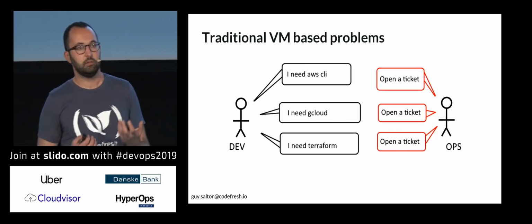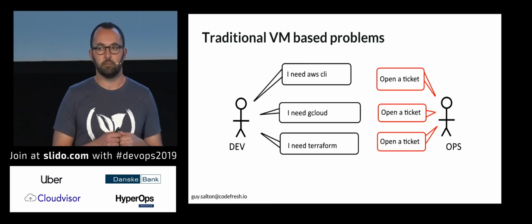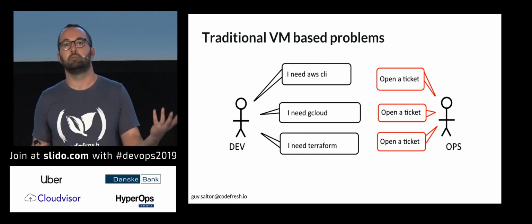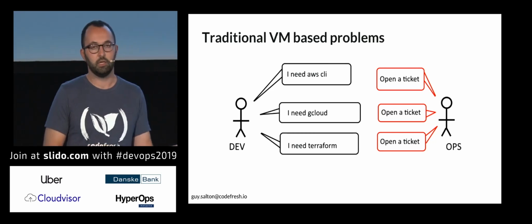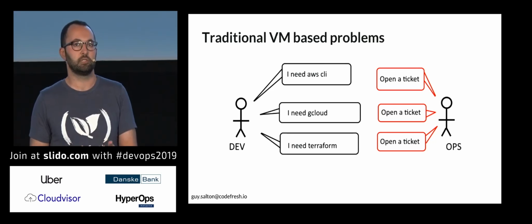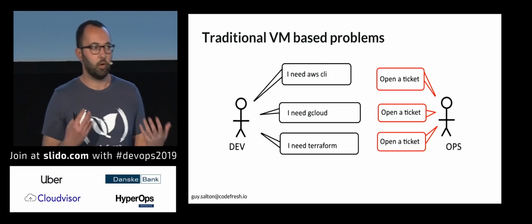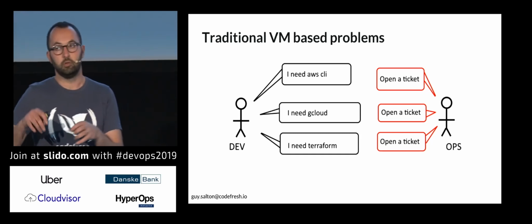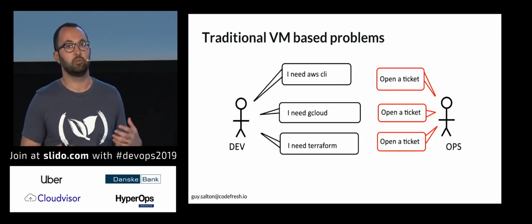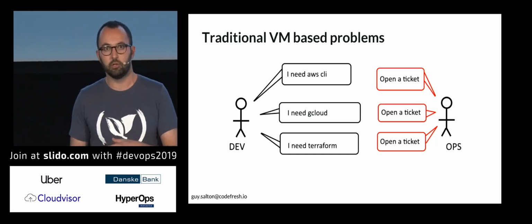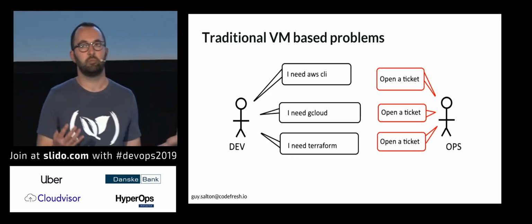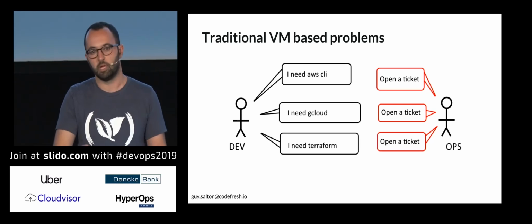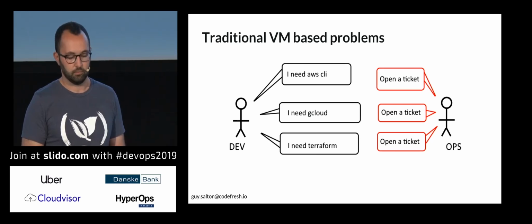In traditional VM-based CI/CD platforms, I have to open a ticket and tell my operator, hey, I need to use AWS CLI. Then my operator has to see this ticket, look for AWS CLI, and see how to install it on my build node. Then maybe a few days already passed, maybe a week, and then he comes back to me and says, okay, now you can use AWS CLI or Terraform.